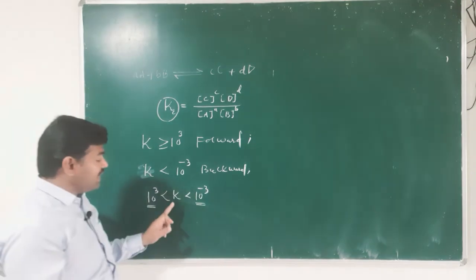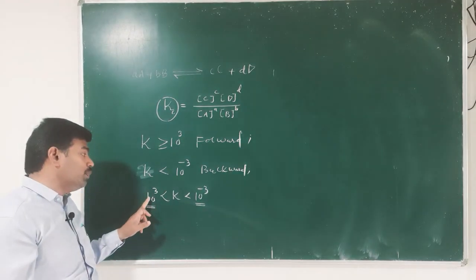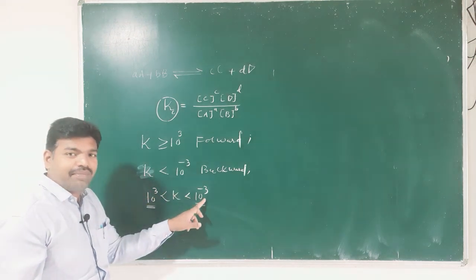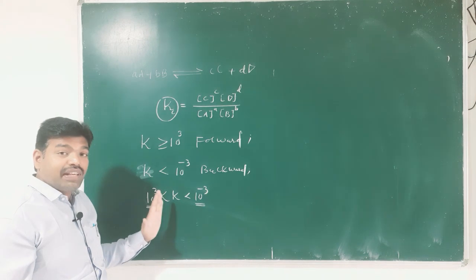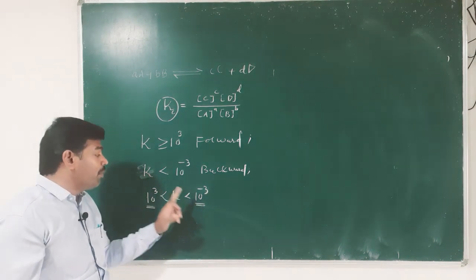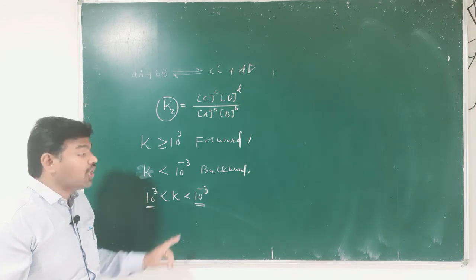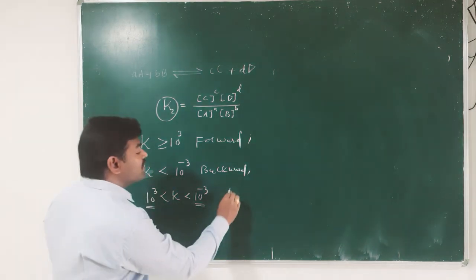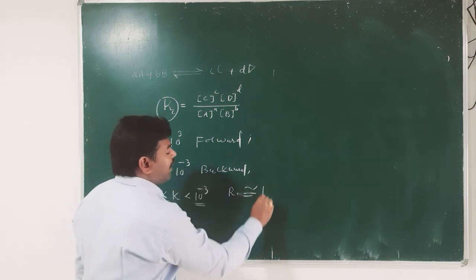If the equilibrium constant K is in between 10 power minus 3 and 10 cube, that indicates the concentration of reactants and products are comparable.